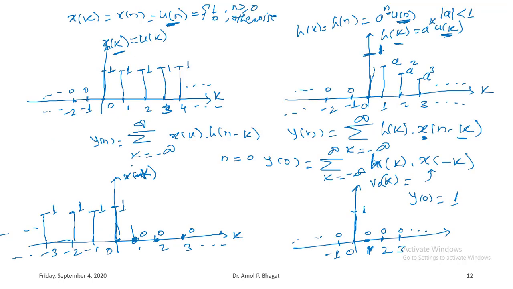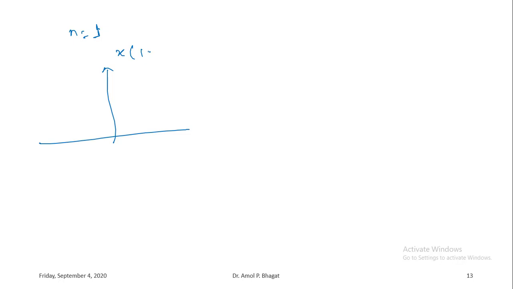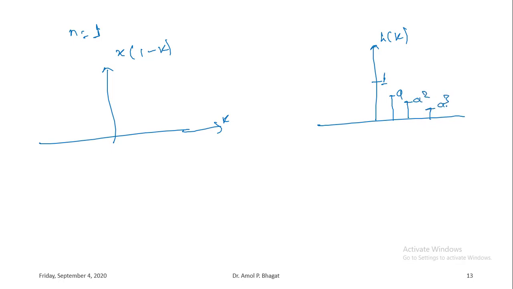Similarly you can identify it for n equals 1. Again I will draw here x of 1 minus k, because I am folding and shifting these values. Your h of k will be the same sequence: 1, then a, a square, a cube, and so on.